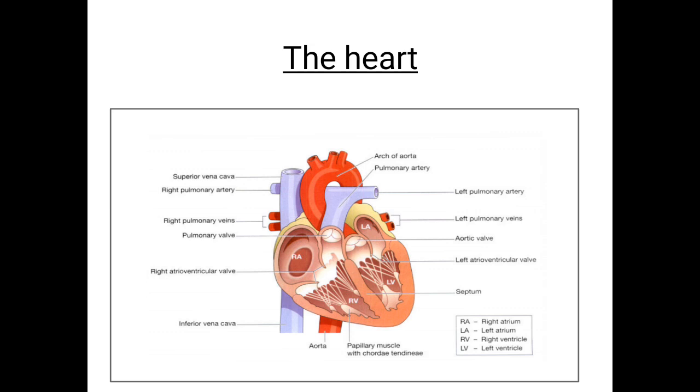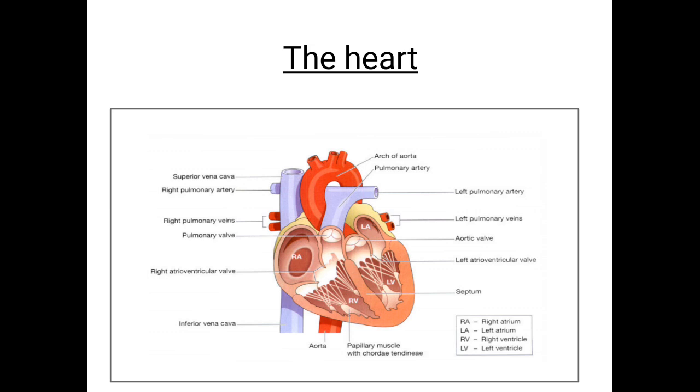So this is the structure of the heart. So the heart has got structures like the superior vena cava. We've got the right pulmonary artery, the right pulmonary vein. We've got the right pulmonary valve. We've got the right atrial valve. We've got the inferior vena cava. We've got the aorta.